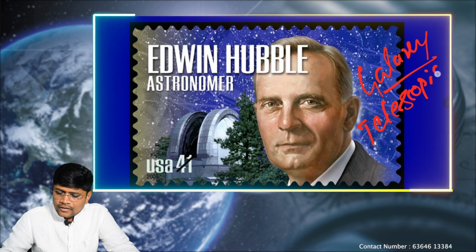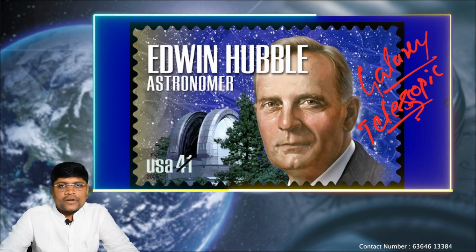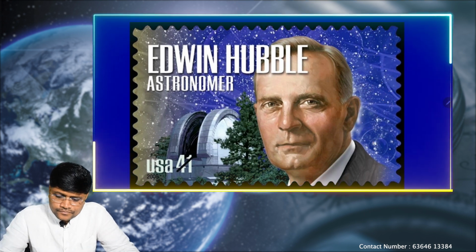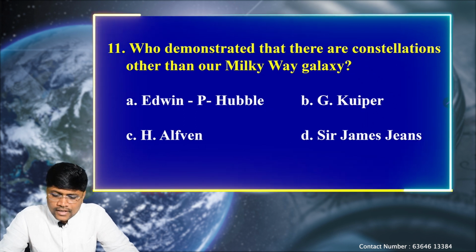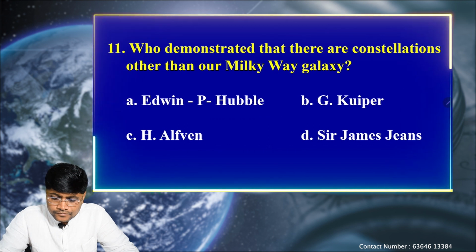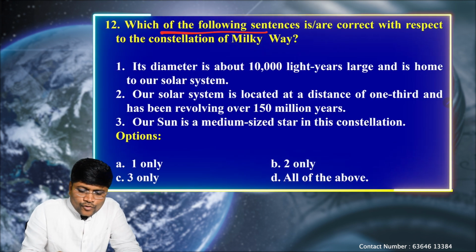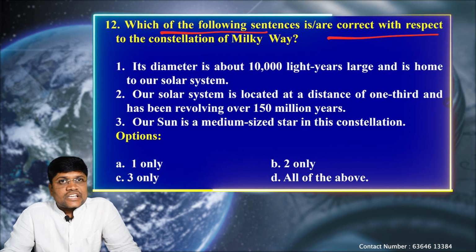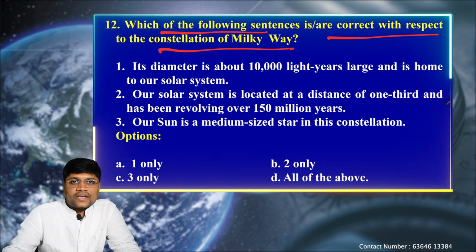The Hubble telescope is named after him. So here the correct option is Edwin P. Hubble. Okay. Next question. Which of the following sentences are correct with respect to the constellation of Milky Way?